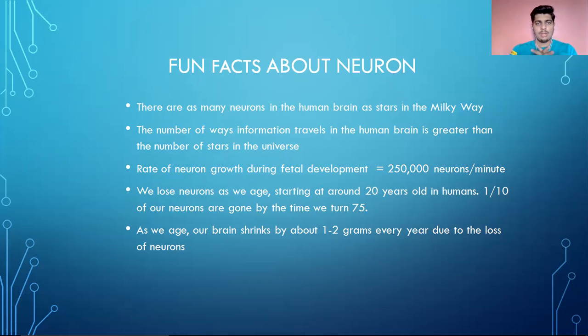Second, the number of ways information travels in the human brain is greater than the number of stars in the universe. The number of stars in the whole observable universe is such a big number that we cannot count it up till now.